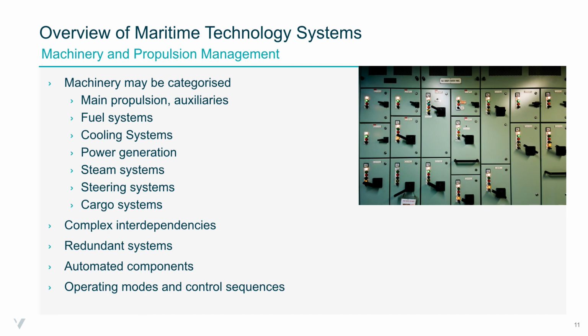Also advanced functionality like preferential trip in the event of a loss of a generator prevents a shortfall on the switchboard. These power generation management systems can trip certain loads to make sure that the whole system doesn't black the ship out.